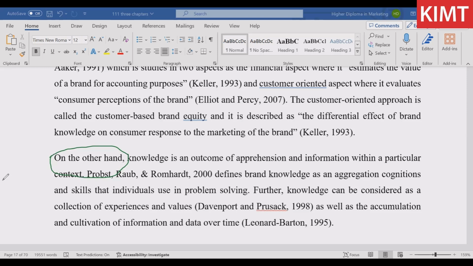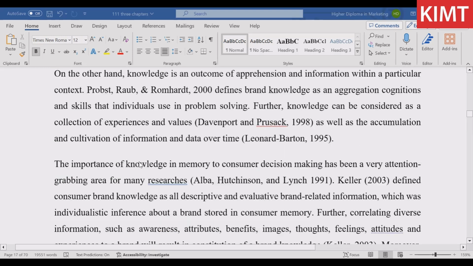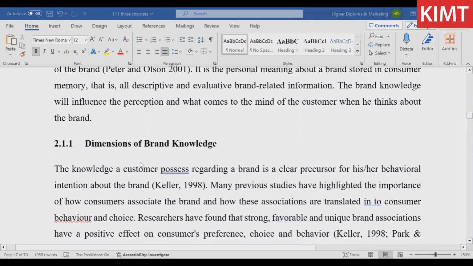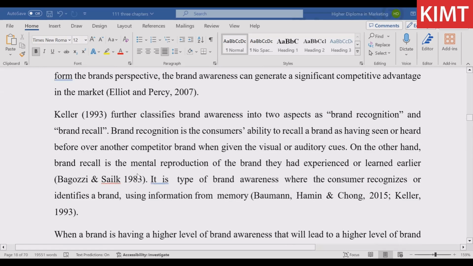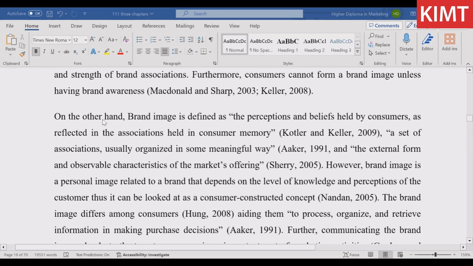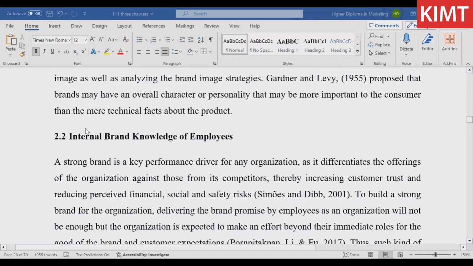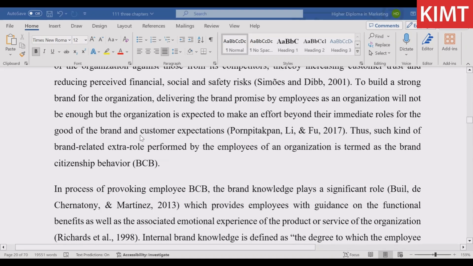Now, when you do that, as I mentioned here, if possible, you can write sub-dimensions as well. So brand knowledge has sub-dimensions, as mentioned paragraph-wise: employee brand knowledge, customer brand knowledge, likewise.